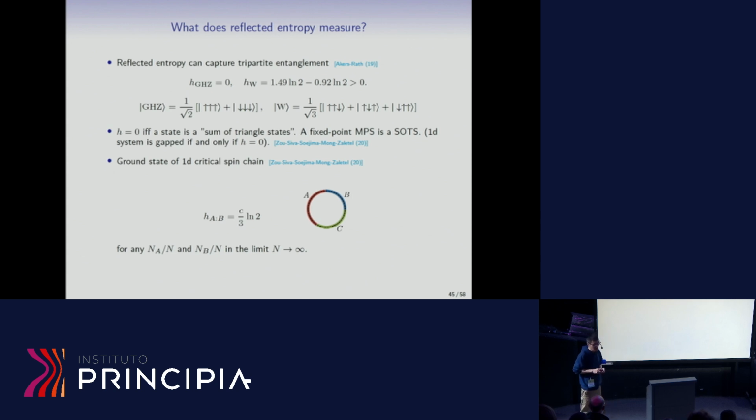And at the fixed point, the matrix product state takes the form of a sum of triangle state. Therefore we conclude that 1D gapped systems have H equal to 0, and if H is equal to 0, the state is gapped.